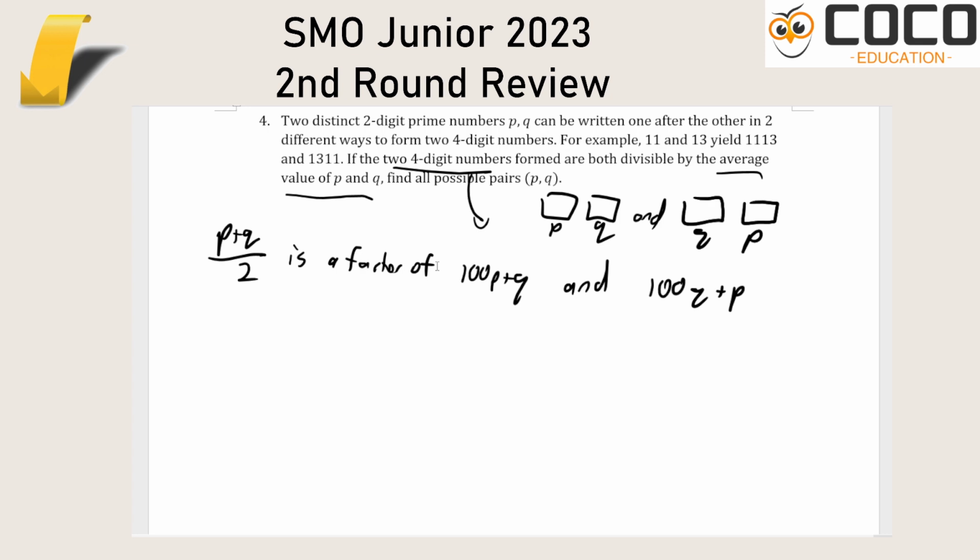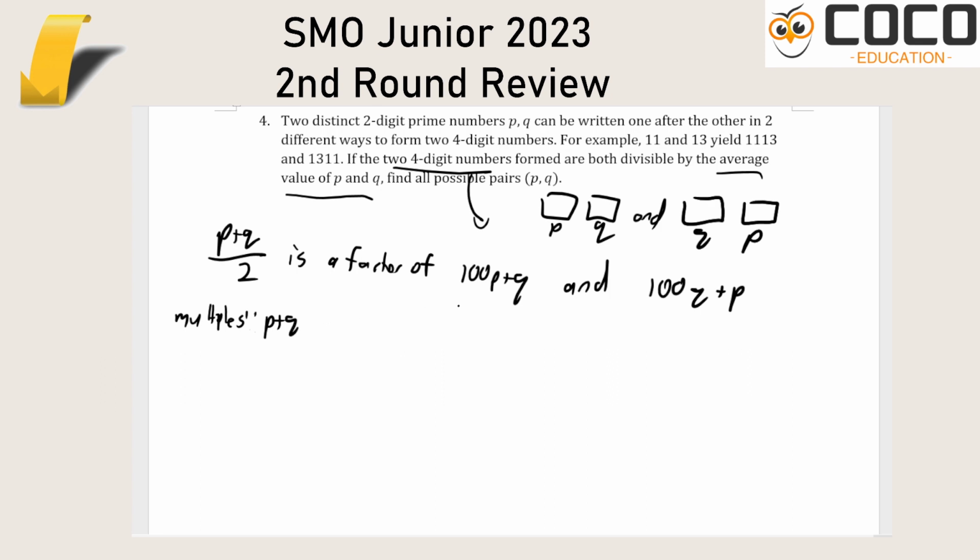So I'm trying to figure out what's strange about this. What can go wrong? Usually what you would do is try to eliminate some variable. So (P+Q)/2 is a factor, which means I can list out some interesting multiples. P+Q obviously is a multiple of (P+Q)/2.